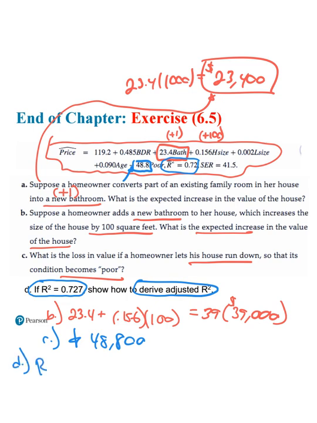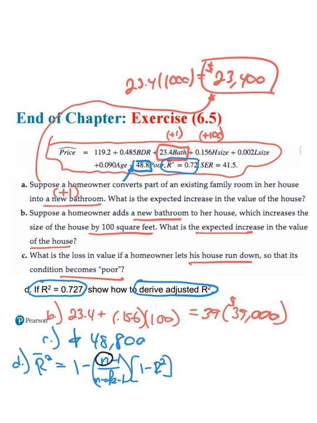So D, how do we actually calculate r squared adjusted? This is going to be equal to 1 minus n minus 1 over n minus k minus 1, multiplied by 1 minus r squared. The important point is, what is n?